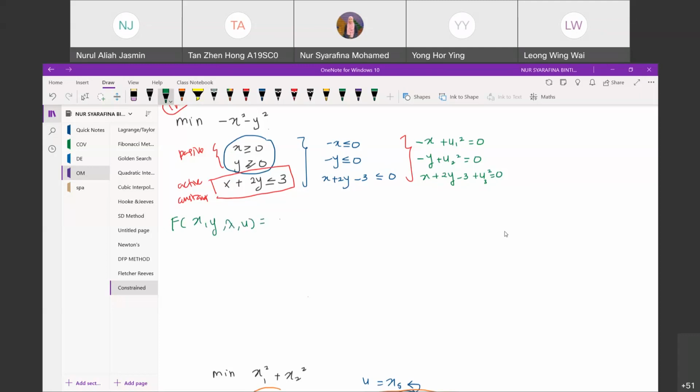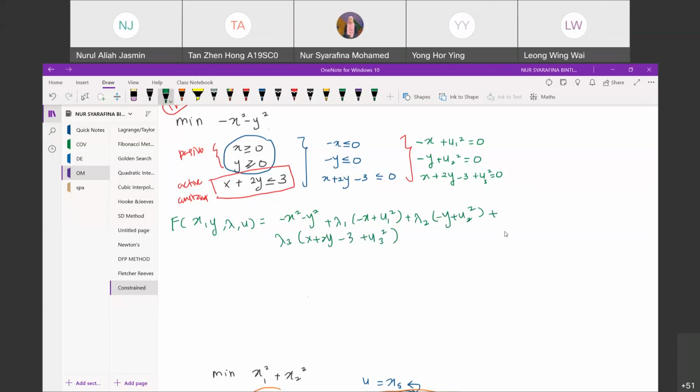Okay, f is minus x squared minus y squared plus lambda 1 times (minus x plus u1 squared) plus lambda 2 times (minus y plus u2 squared) plus lambda 3 times (x plus 2y minus 3 plus u3 squared).